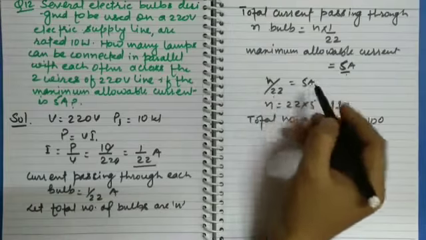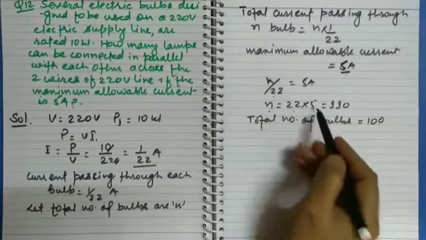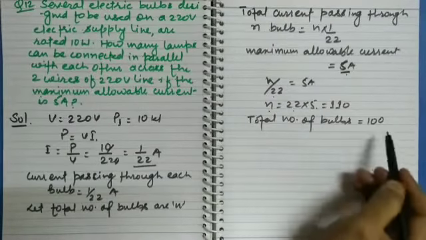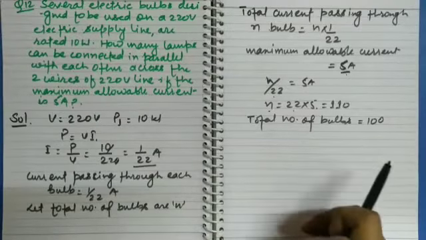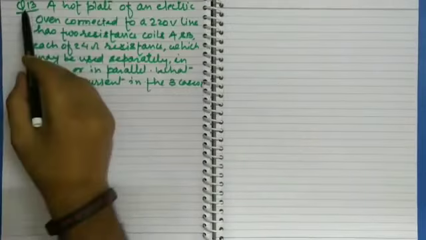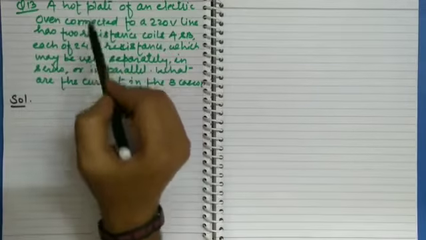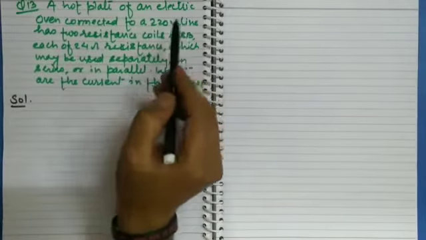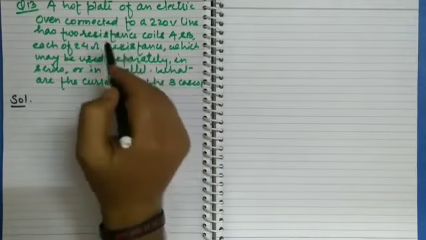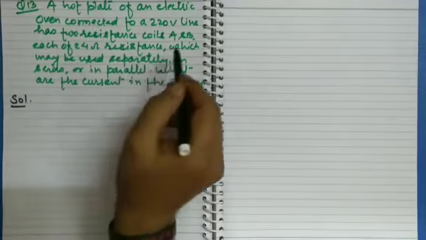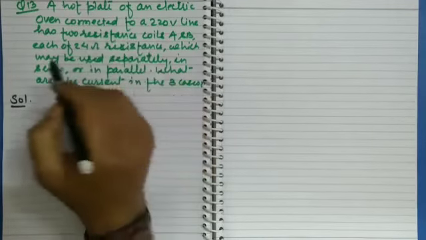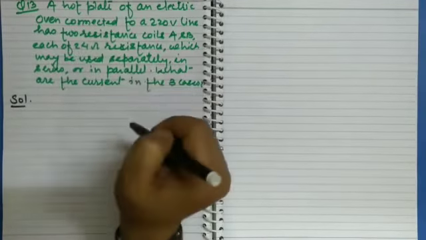Okay, now next question, question number 13. A hot plate of an electric oven is connected to a 220 volt line and has two resistance coils A and B, each of 24 ohm.